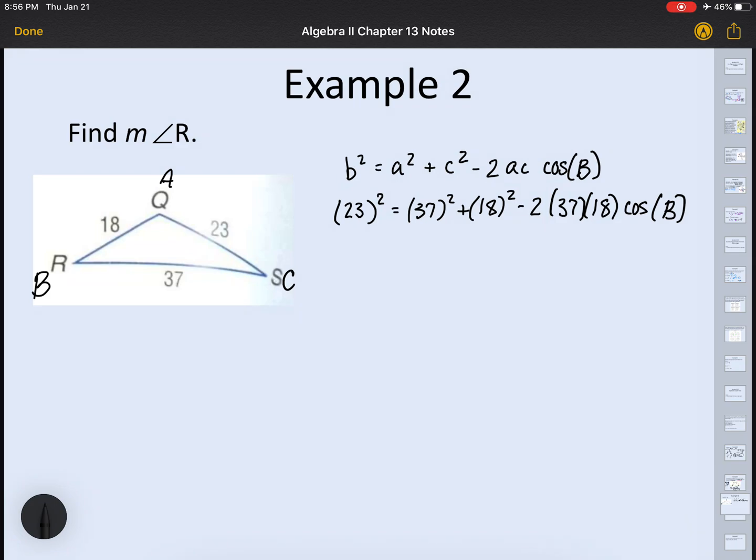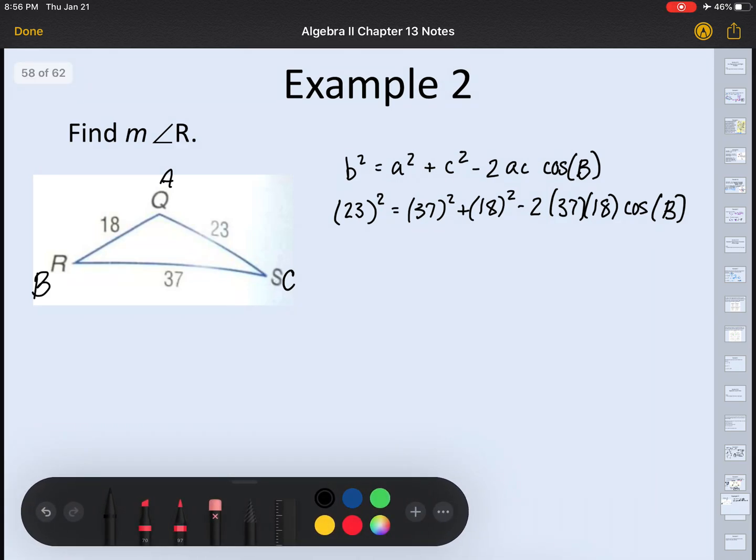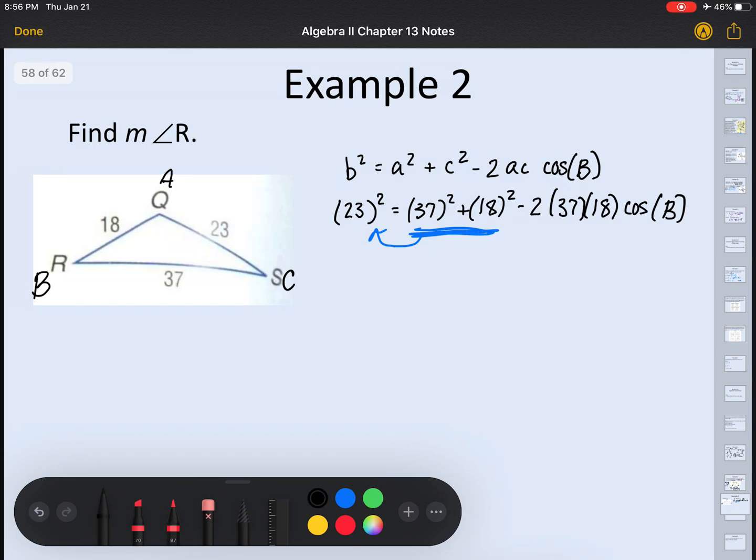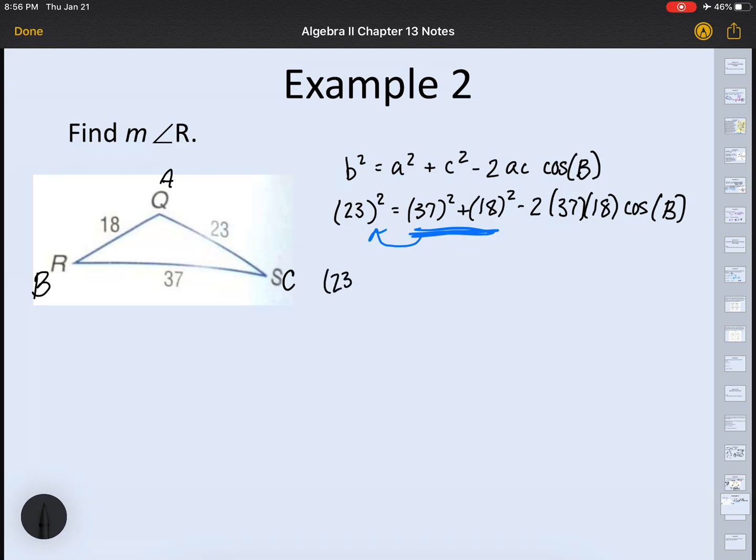What I'm going to do first is move this stuff over to the other side by subtraction. So I'm going to subtract both of them. So 23 squared minus 37 squared minus 18 squared is equal to negative 2 times 37 times 18 cosine of b, aka r.